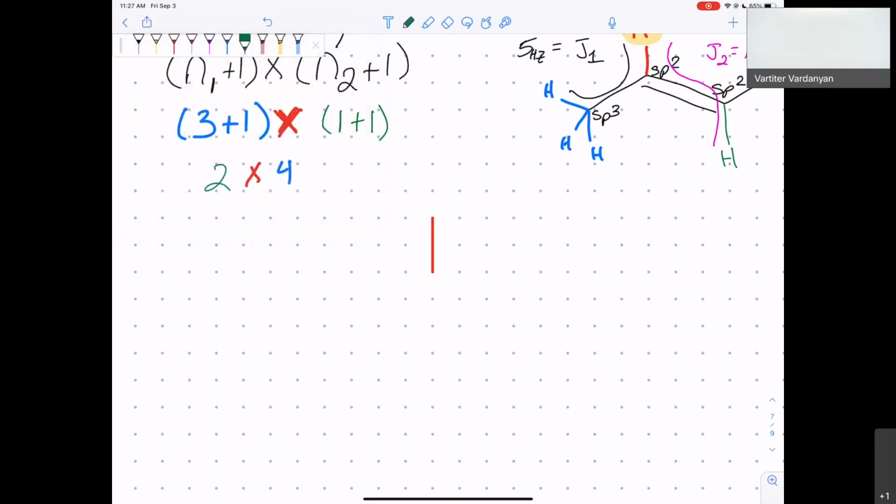So we have one green neighbor, and the green neighbor has a J value of 10. So this splits by a value of 10.